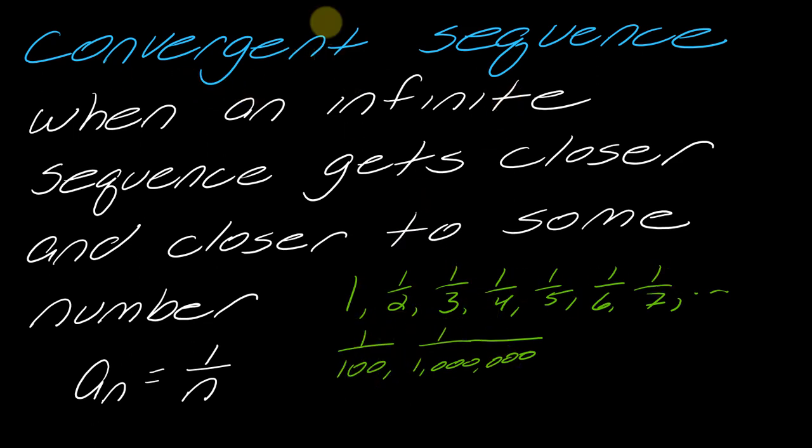As the sequence continues on, it will eventually go towards 0. It will never perfectly hit 0, but the idea here is that it might as well hit 0. And if we could take this sequence out to infinity, it would go to 0. So this is the idea of a convergent sequence, and we'd say it converges to 0.